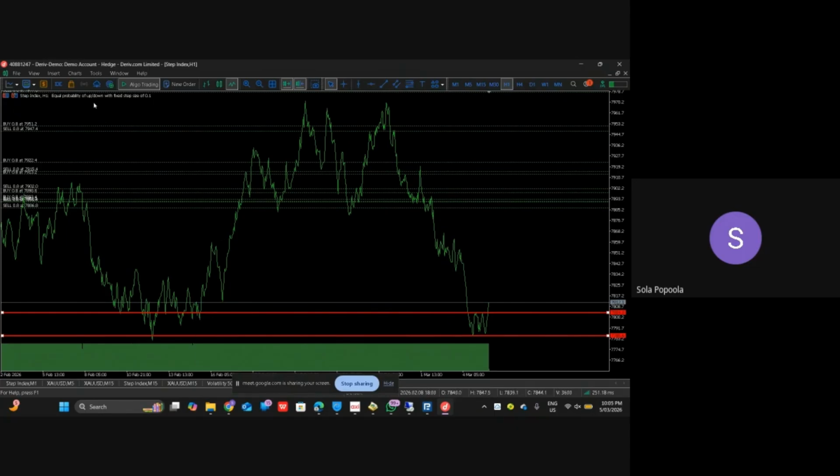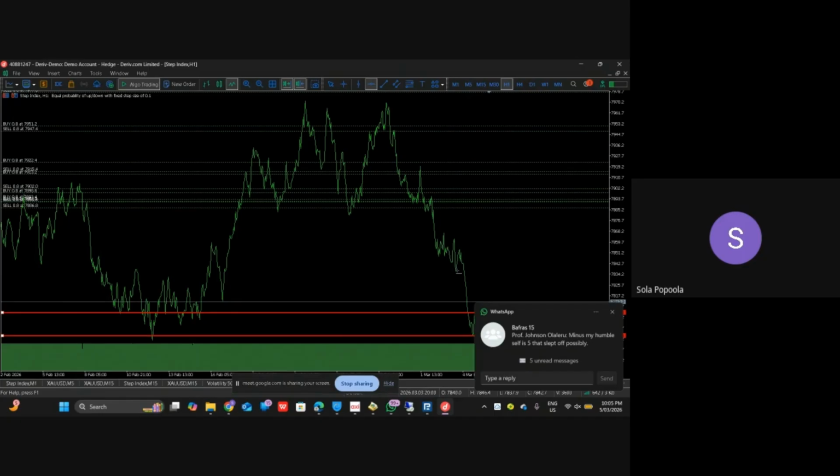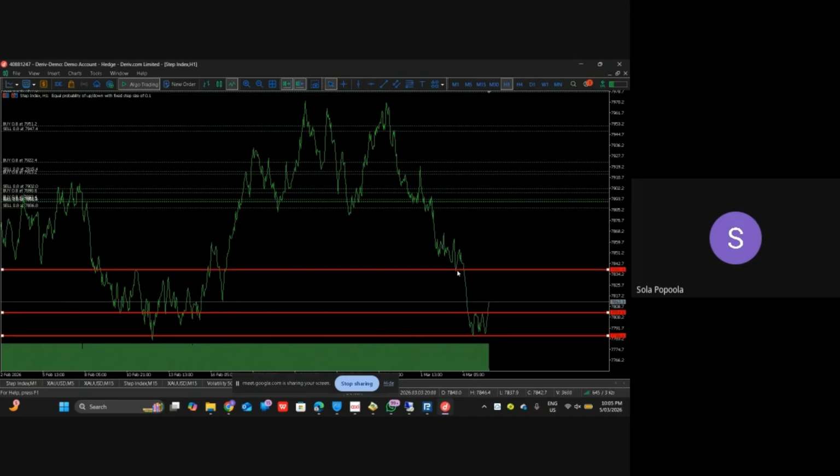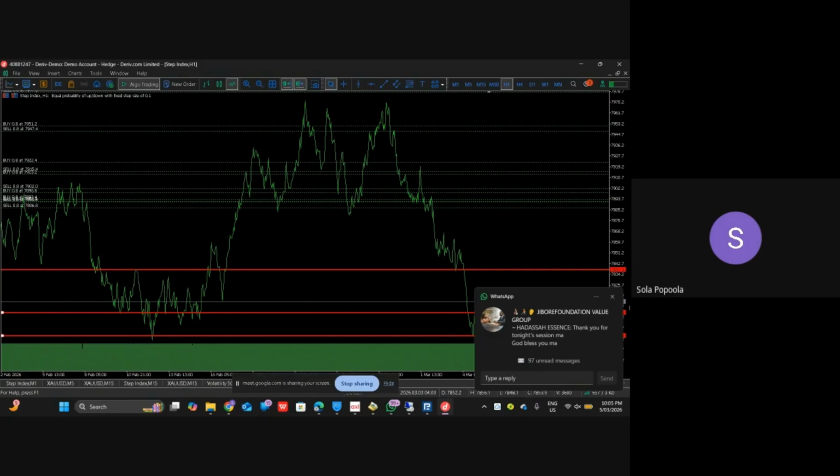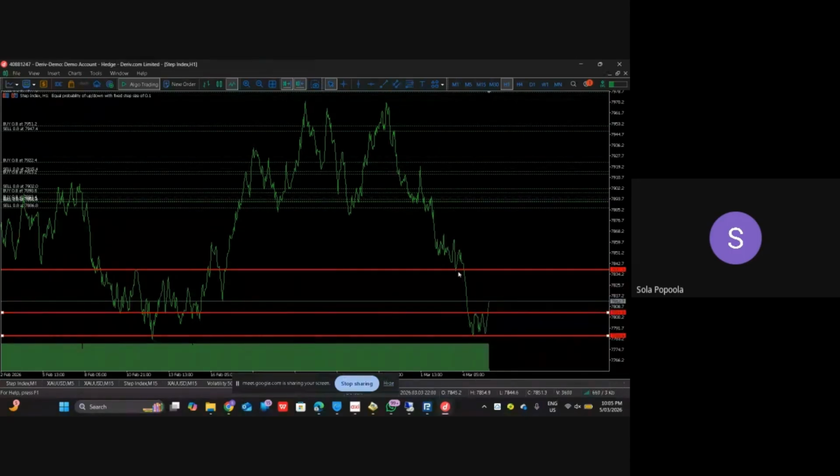All right, but let's still go ahead. Now look at this line. You see this place? Can you see that the market respected this point here? The market respected this, even though it crashed through it.